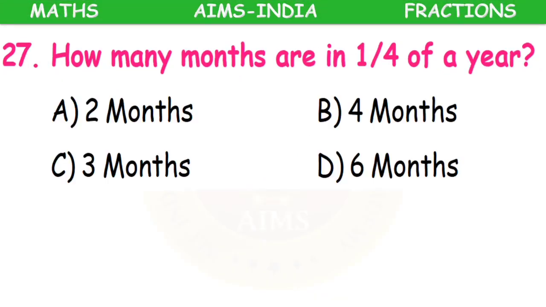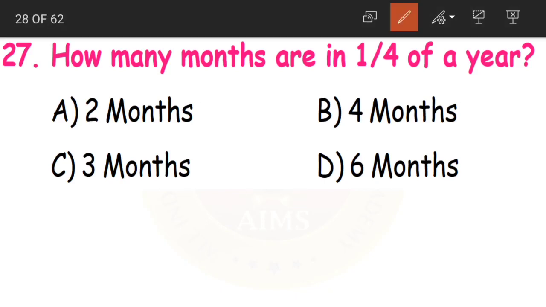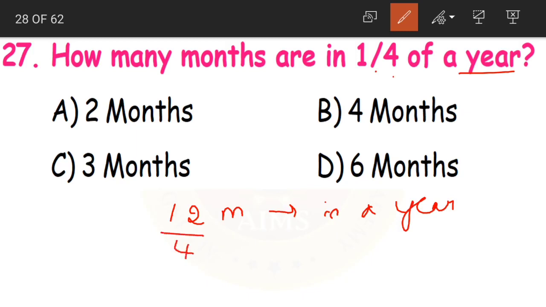Next, how many months are there in 1/4 of a year? First, in a year, how many months are there, children? We have 12 months in a year. Now, if you remember what is 1/4, yes, 1/4 of this means we need to divide it by 4.